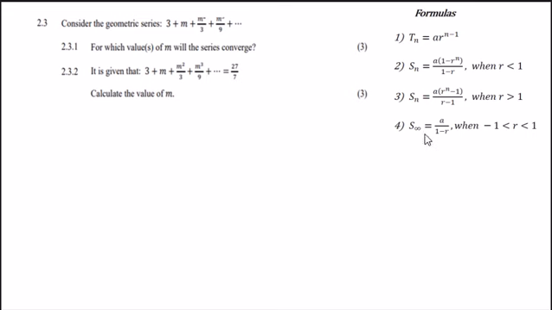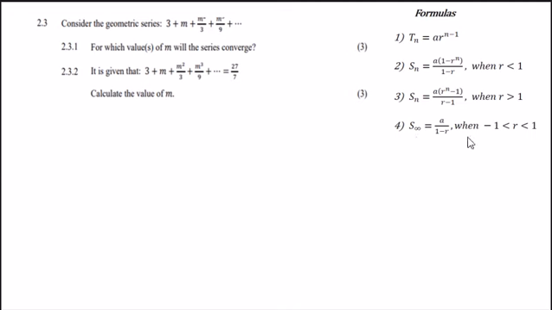Then number 4, we have this equation for the sum to infinity. This is an infinite series because we do not have the last term. If we had the last term, they would say plus some number here, which would represent the last term, but in this case we don't have it.